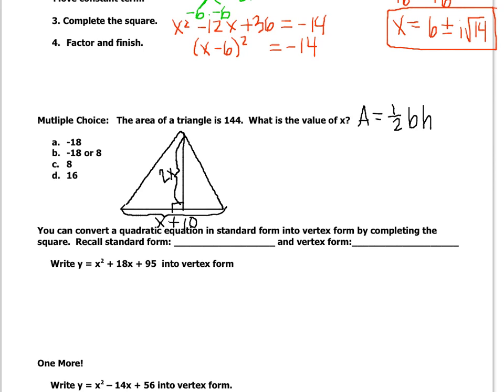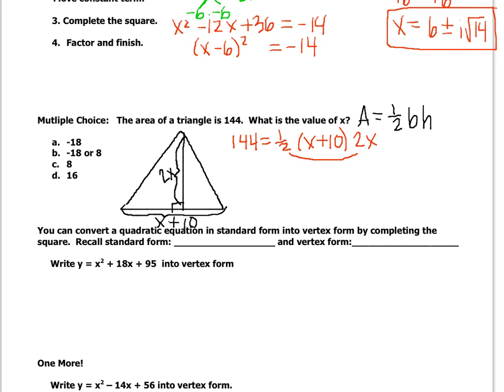All right, so I've finished putting in the information that was missing in this problem. Let's solve it now. My area is 144 equals 1/2 times my base, that's x plus 10, times my height, 2x.